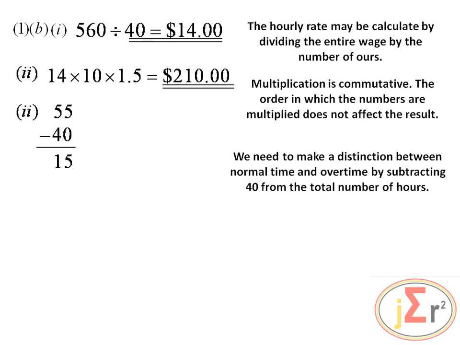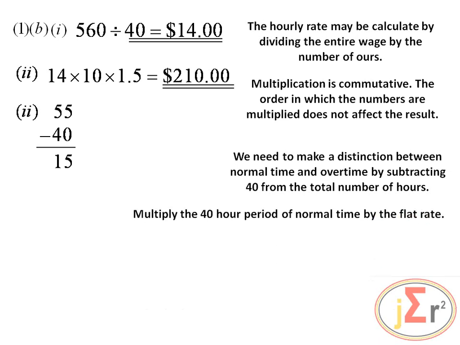If we are going to do that, then normal working hours will be 40 and the rest will be overtime. So, we need to make a distinction between the normal time and the overtime by subtracting the 40 from the total number of hours, because 40 is normal work hours and then the rest will be overtime. And when we do the subtraction, we get 15.